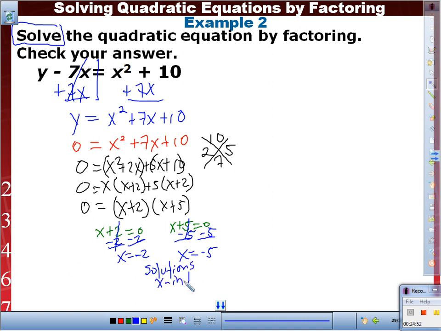X-intercepts, because when we graph them, they are the x-intercepts. Zeros, everyone, why are they zeros? Because when the solution has y equal to what? 0. And my roots, and I showed you that earlier. Okay, let's graph this.